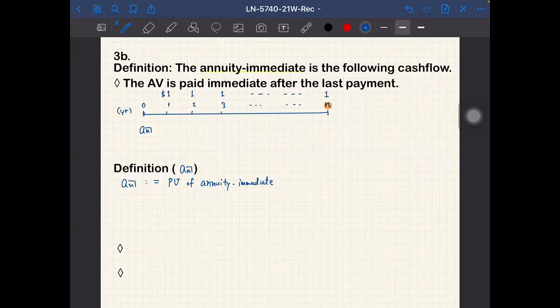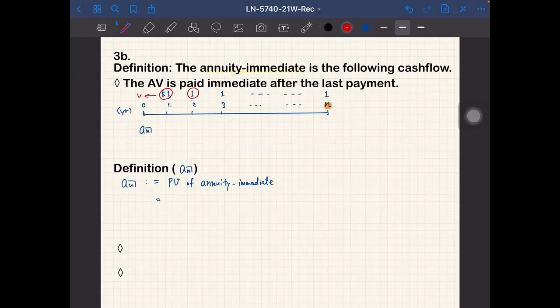So we want to develop a formula for this. So, for example, the $1 at time 1 is worth $v at time 0. And this $1 is worth v squared at time 0, because v squared becomes v after 1 year, then 1 after 2 years.